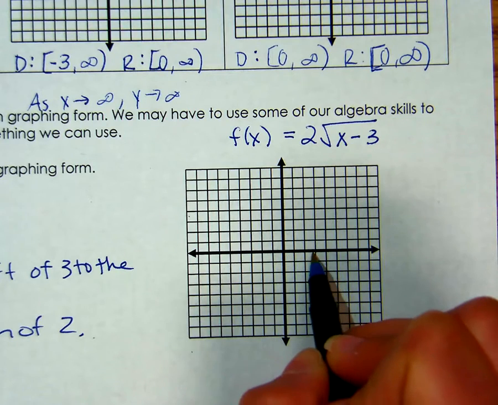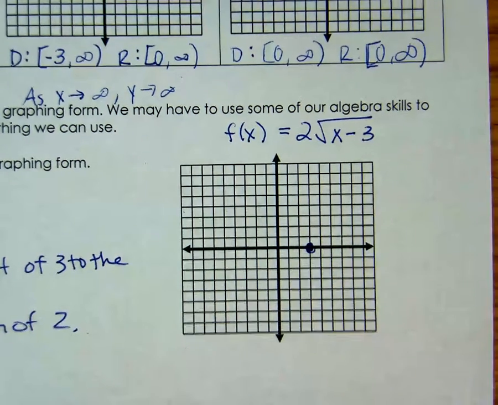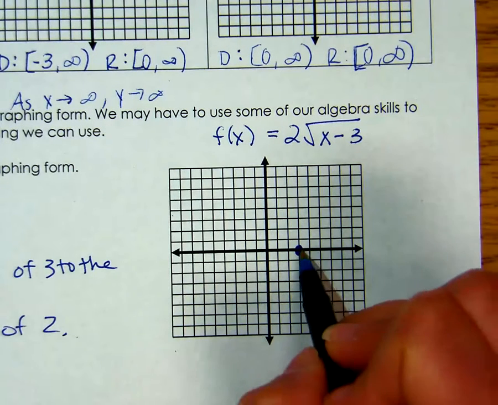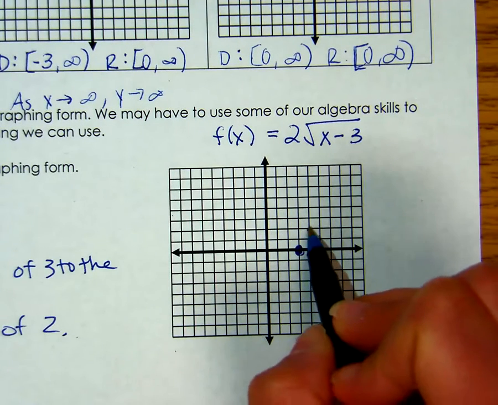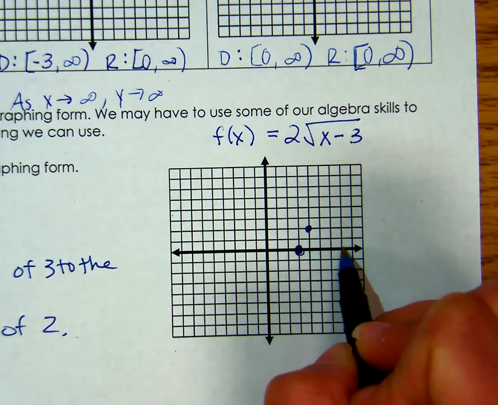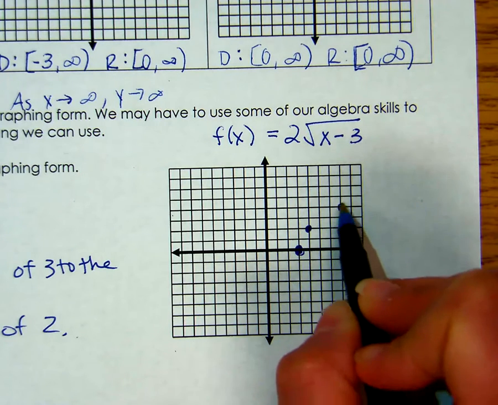There's no up or down movement. I'm going to go over 1, up 2. Over 4, 1, 2, 3, 4. Typically I go over 4 up 2, but I have to double my up. Over 4, up 4. 1, 2, 3, 4. And that should be your graph.